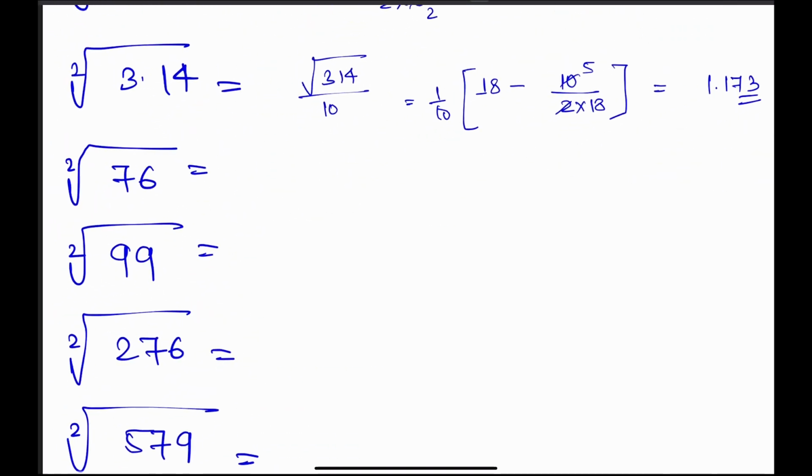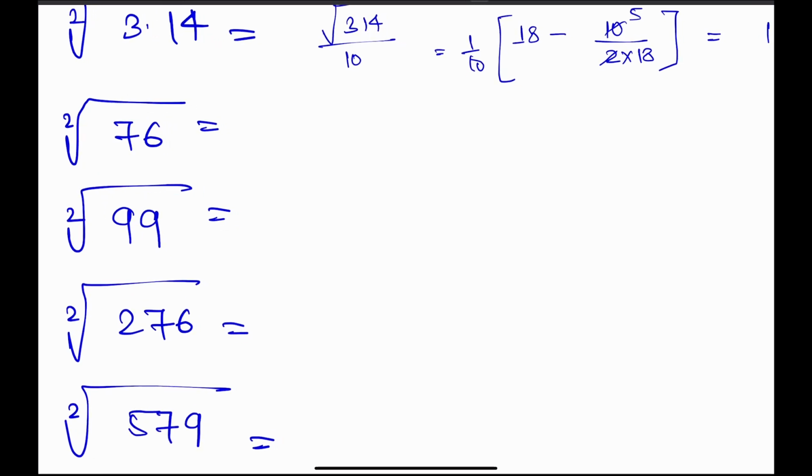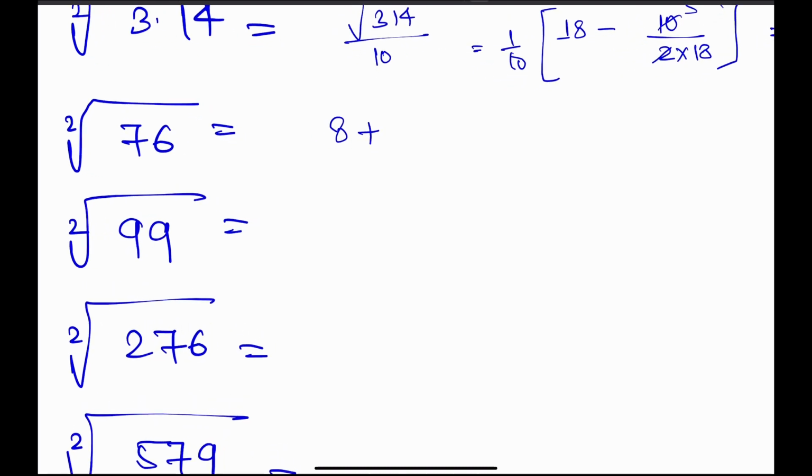How many questions? Or about to complete. Then this is 864. 64 plus 6 is 70, 70 plus 6 is 76, 12 upon 2 into 8.